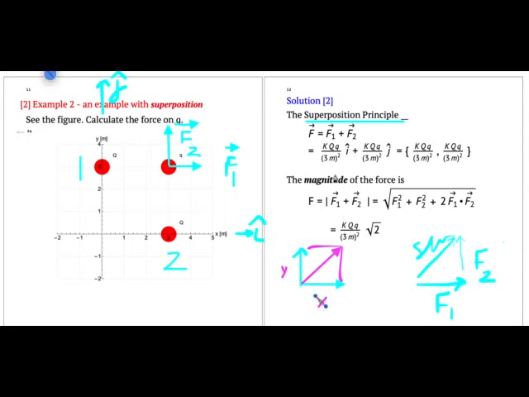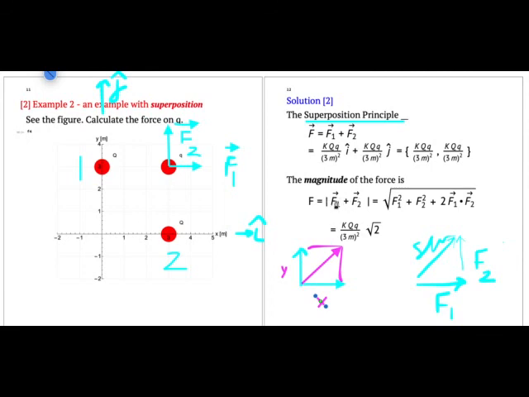How about the magnitude? Well, I have to calculate the magnitude. I could say the magnitude of F1 plus F2 is the square root of F1 plus F2 squared.